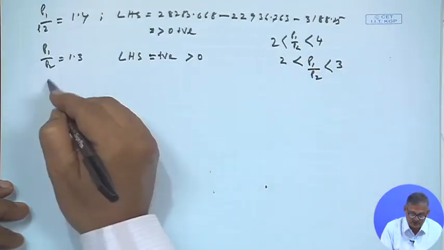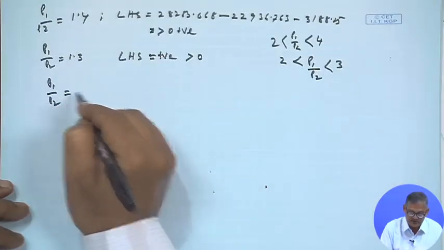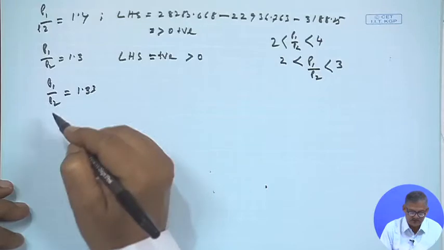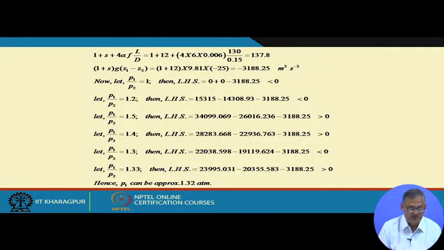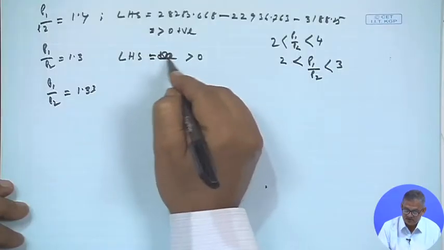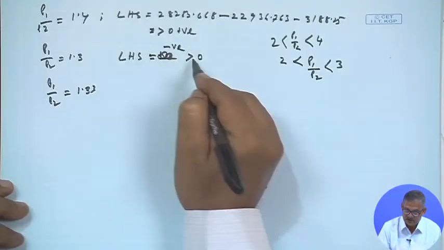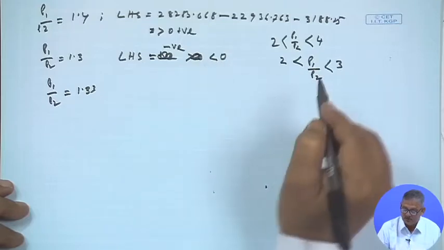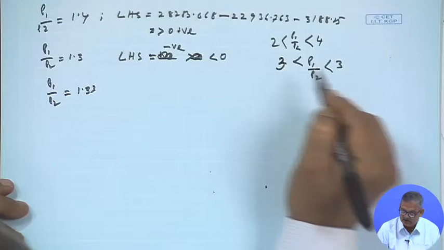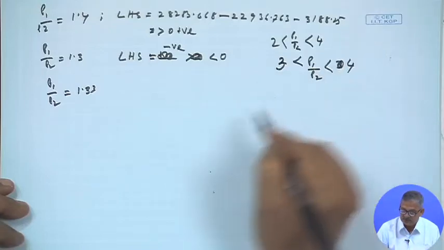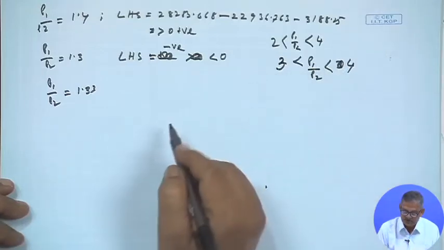So, now let us take P1 by P2 to be 1.33, right, and we will see that this is then not positive, this is negative. So, it is less than 0, that is this 3 and 4. P1 by P2 lies between 3 and 4.